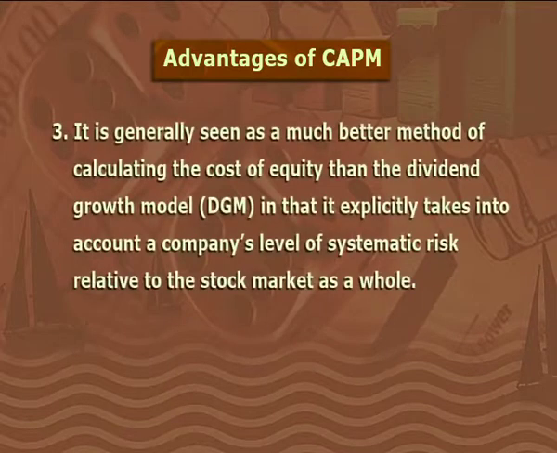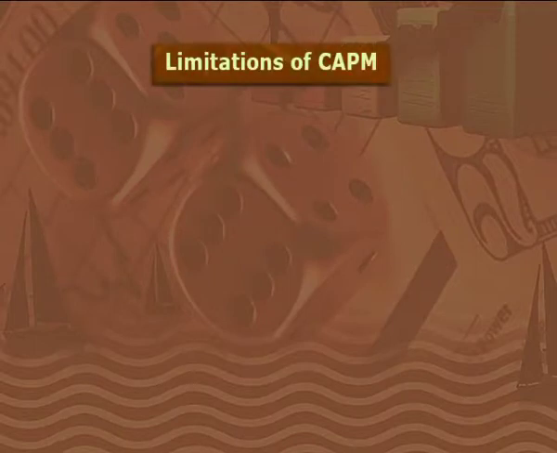Number 3. It is generally seen as a much better method of calculating the cost of equity than the dividend growth model, in that it explicitly takes into account a company's level of systematic risk relative to the stock market as a whole. Let's get into the limitations of CAPM.